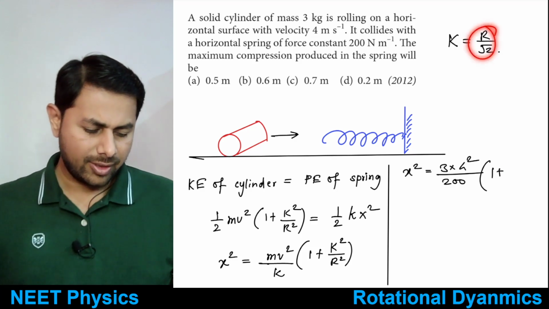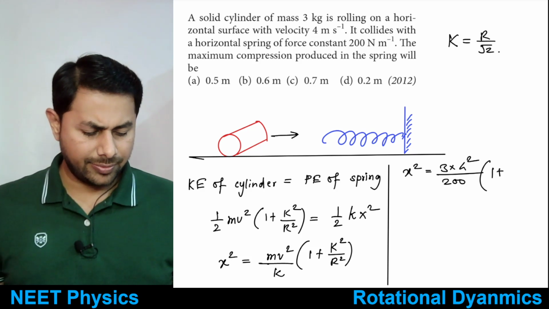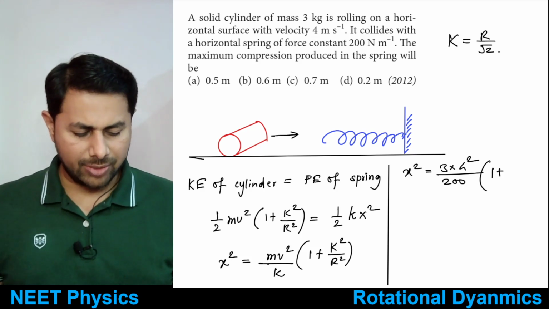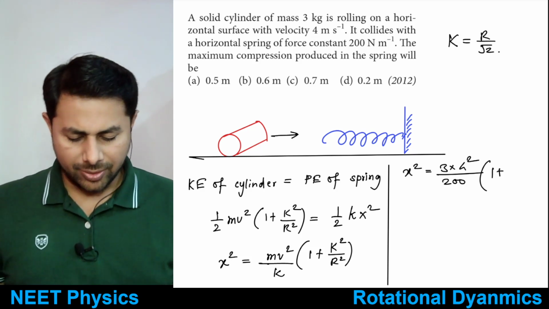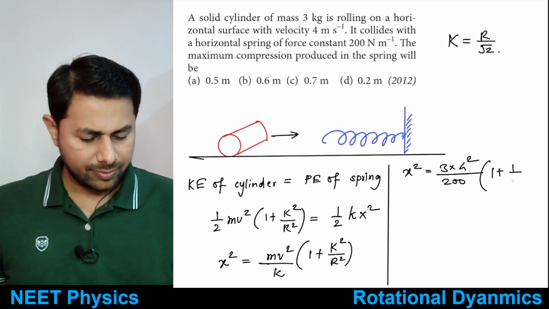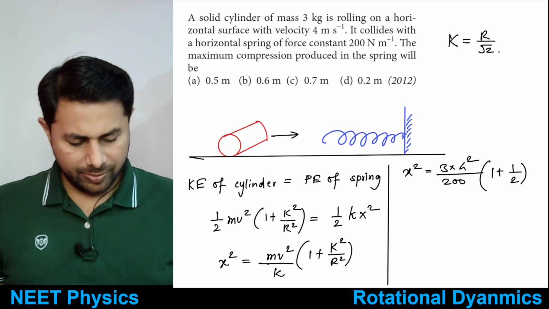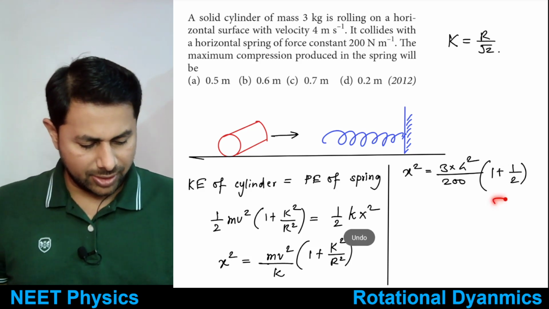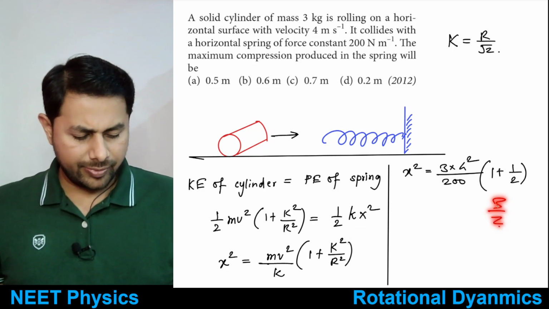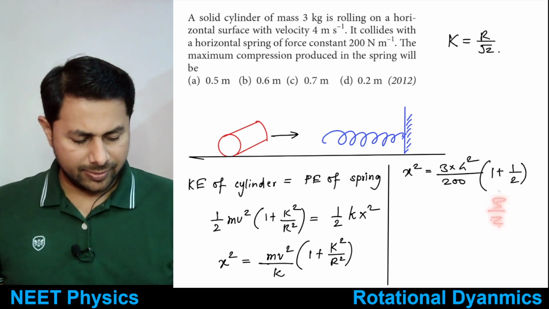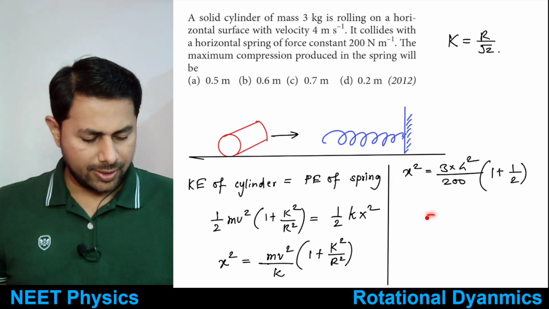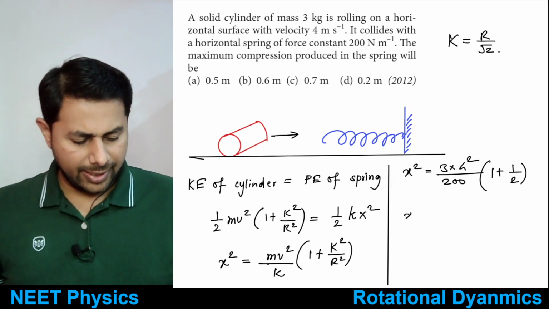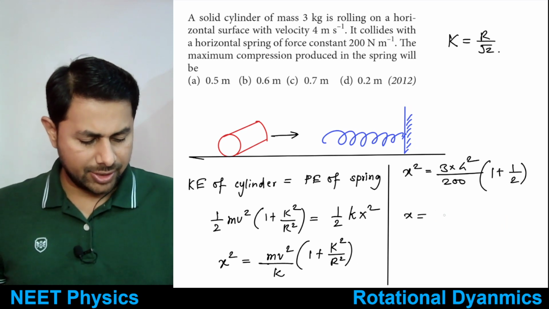So k is r by root 2. If you take the square of that, then you get 1 by 2, right? So this thing will be 3 by 2. 1 plus 1 by 2 is 3 by 2. So take the square root of that. So x is equal to, let's just take the square root of this thing.